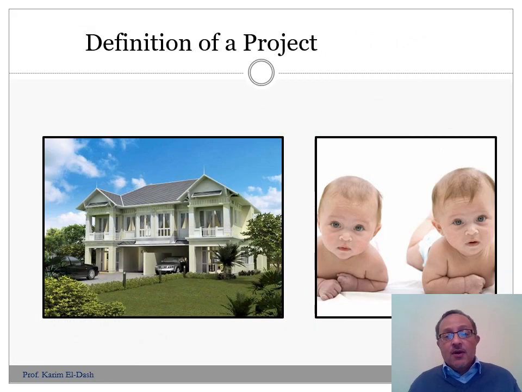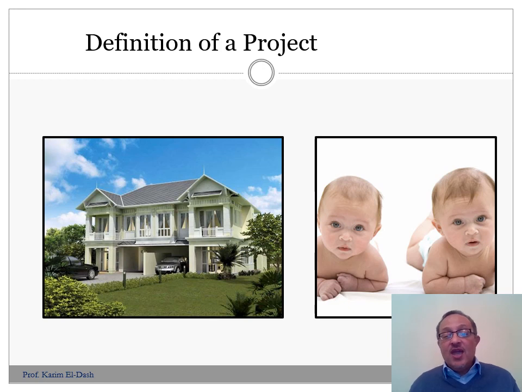When we are talking about a project, we have to make sure what is meant by a project. A project is always unique. Even if we are talking about twins, we are in front of two people, not identical people. We have two children with different names, with some different hair, some different shape of the nose, and so on.